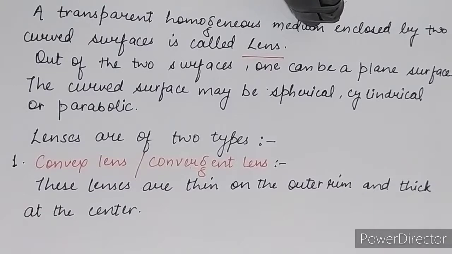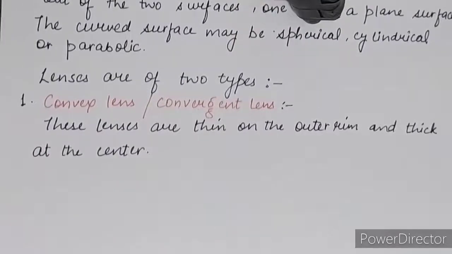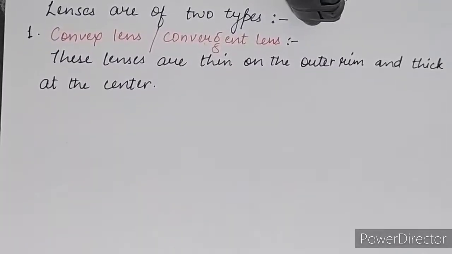And the diagram of the convex lens I am just drawing in front of you, so you can understand the concept of it. So its diagram is like this, beta.